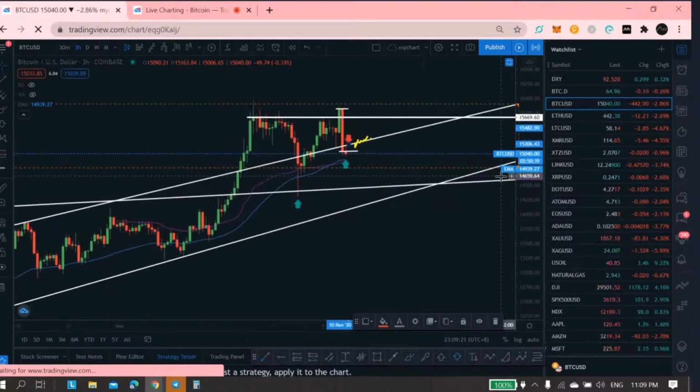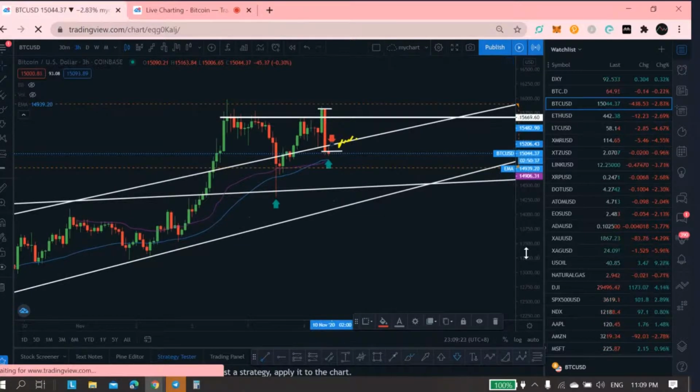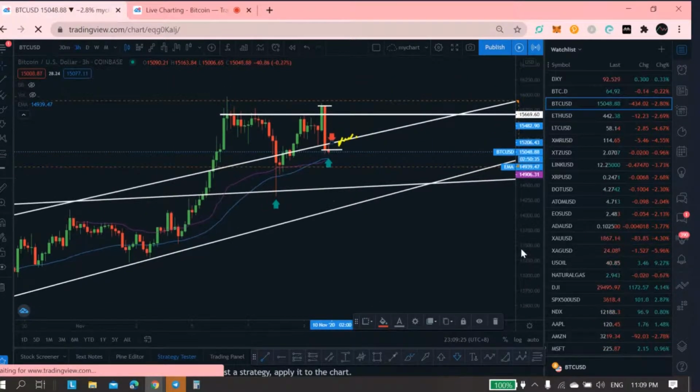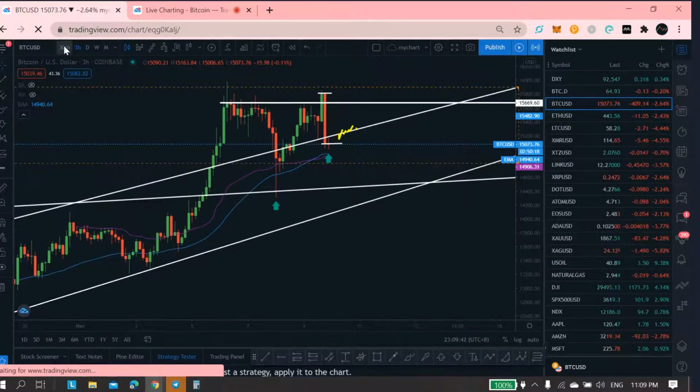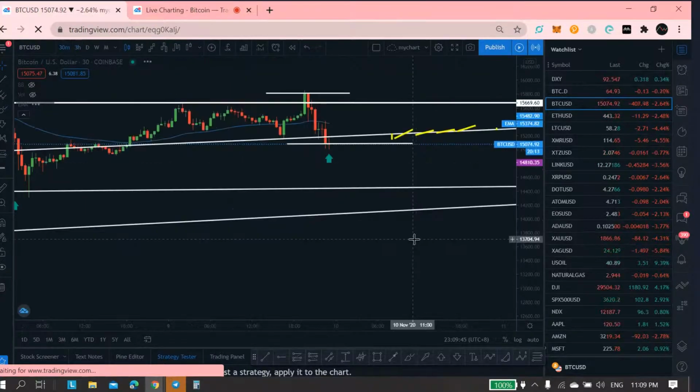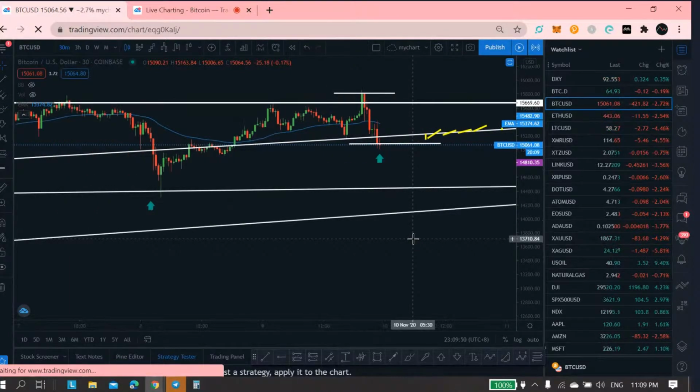So let's see. OMG, it's not currently holding. The bears are dominating at the moment. So where are the bulls? So this is really very critical at the moment. Actually, you can also use the lower time frame, the 30 minutes. But normally I just use the 3 hours.